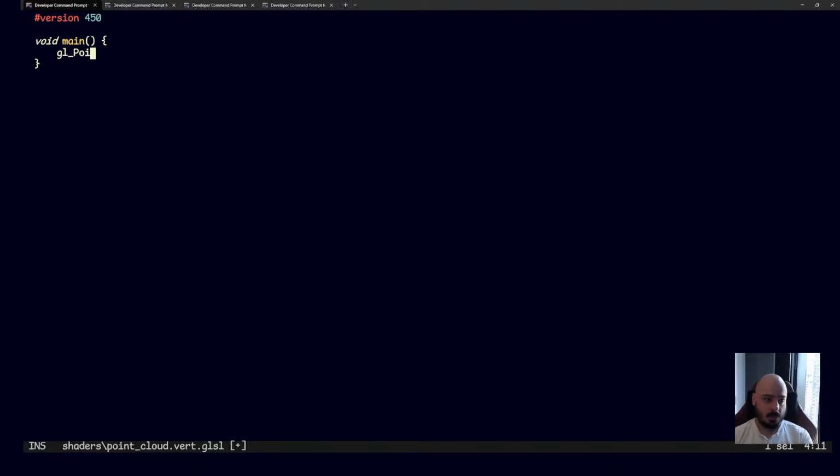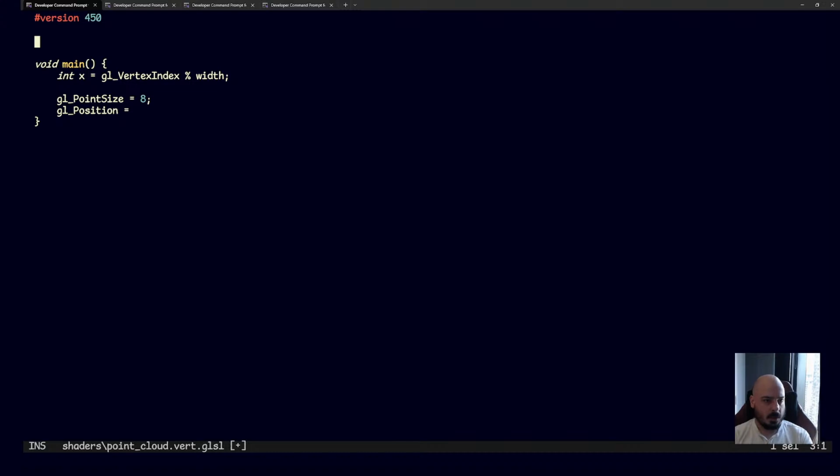So we had gl_PointSize equals, I think it was 8. gl_Position is going to be, oh god, I forgot about this. So we need the X position, which was going to be gl_VertexIndex mod width, I believe.